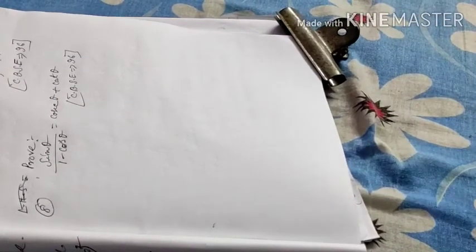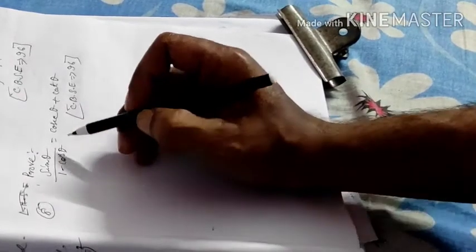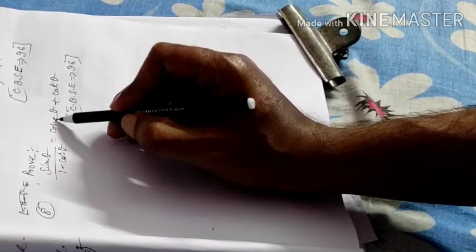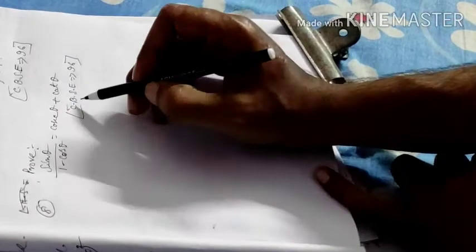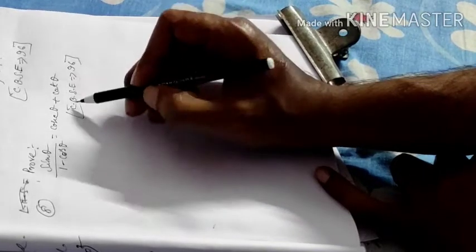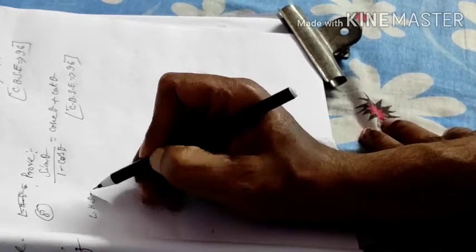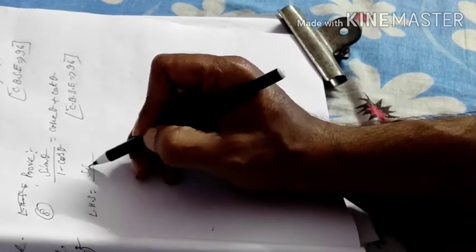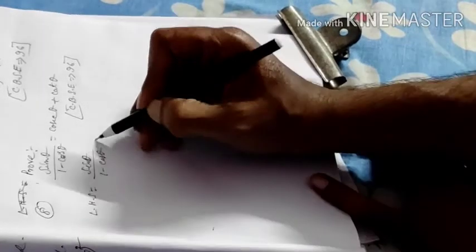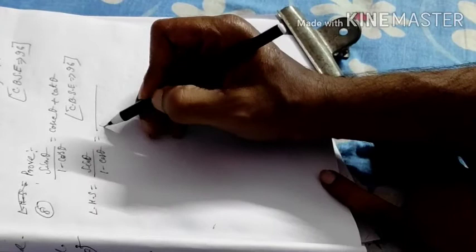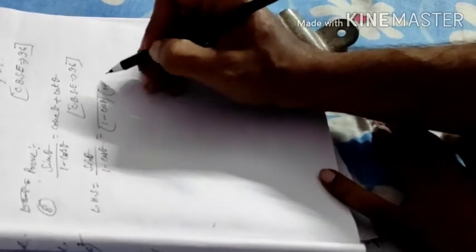Question number 8: sin theta by 1 minus cos theta is equal to cosec theta plus cot theta. You have to prove this. This question has come in the year 1996 from CBSE. So left hand side is equal to sin theta by 1 minus cos theta. Now multiplying both numerator and denominator by 1 plus cos theta.